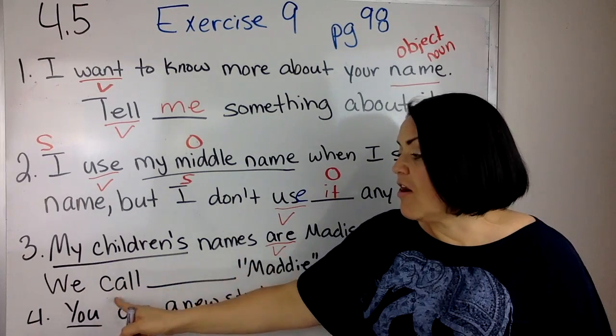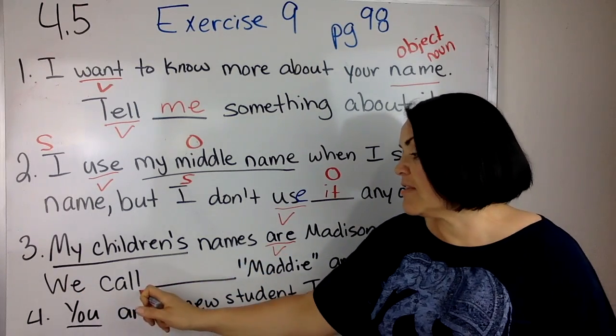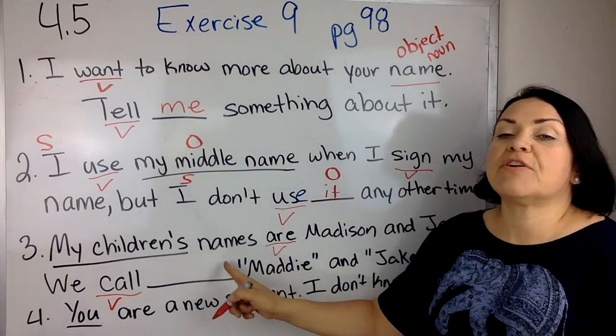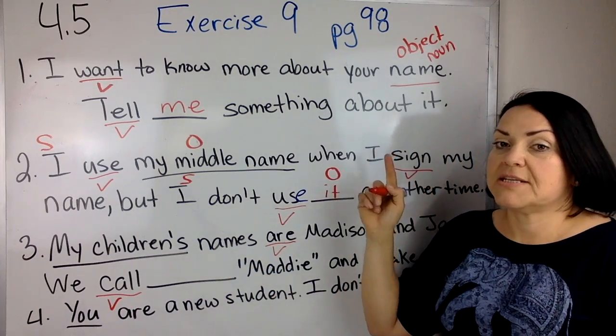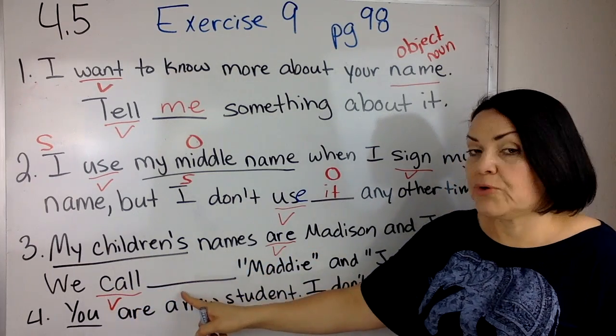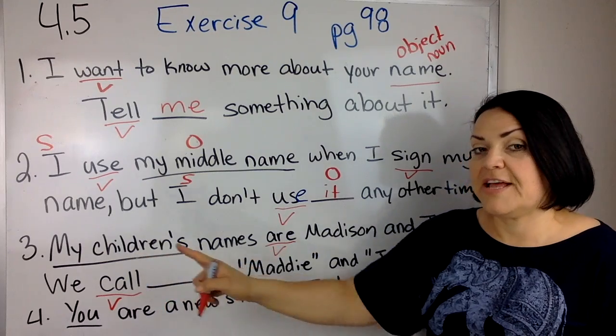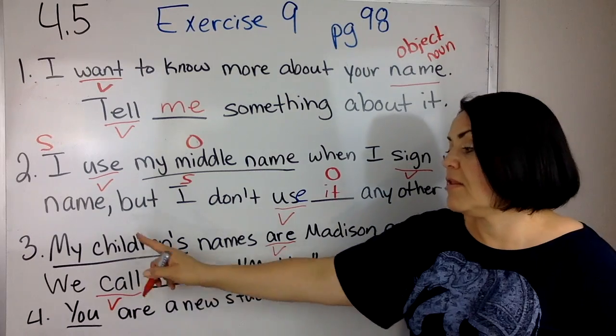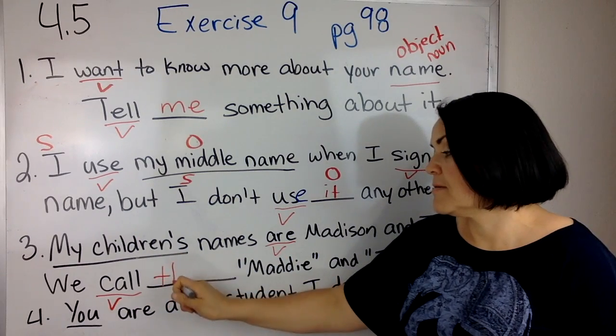And then we call, my husband and I, we call, this is the verb. So anything after the verb is going to be the object noun. So we call who? My children, Maddie and Jake. We call them.